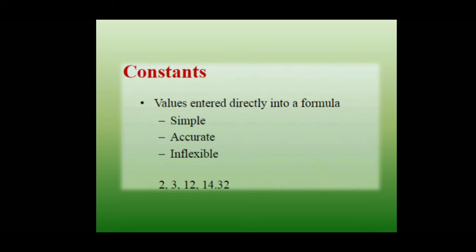Whatever value I use will be a number, a fixed number, and no changes will be done to it. Inflexible means no formula will have an effect on these values. Examples you can see are 2, 3, 12, 14.32; these are all examples of constants. Even decimal numbers can be constants, but they should be numeric values.